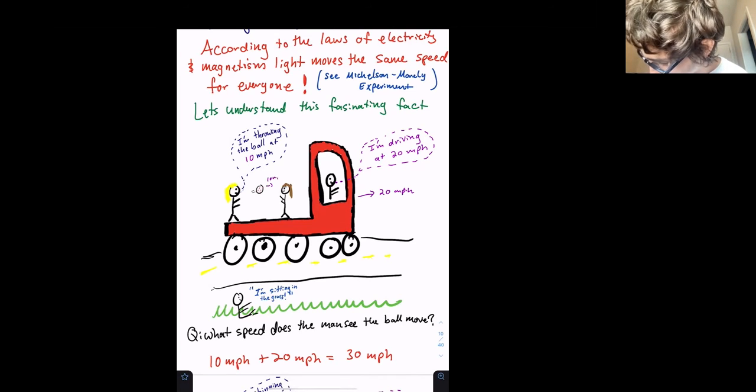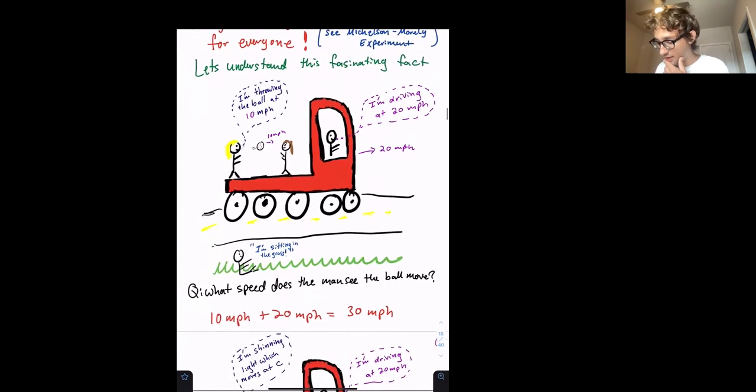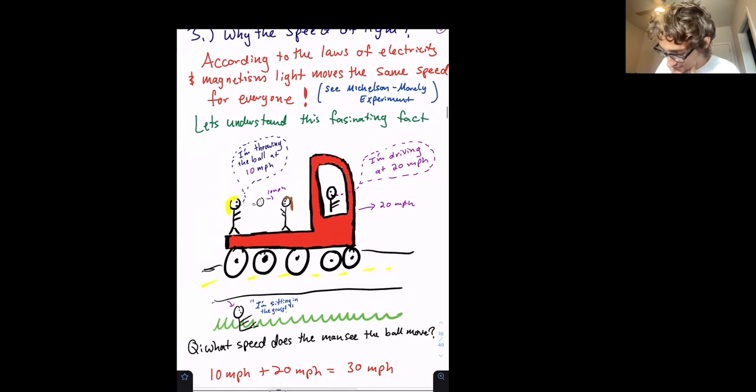So the ball is thrown at 10 miles per hour. Then the guy sitting on the grass would see the ball move at 30 miles per hour, because the girl in the truck sees the ball moving at 10 miles per hour just because she's moving with the car.